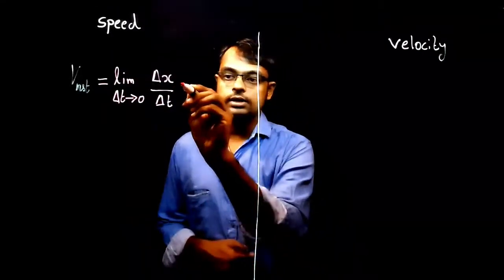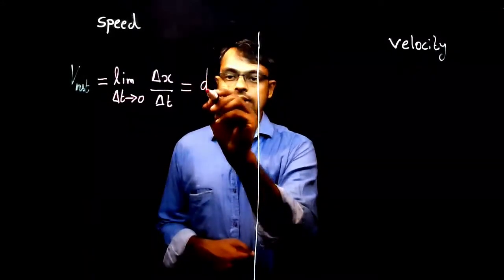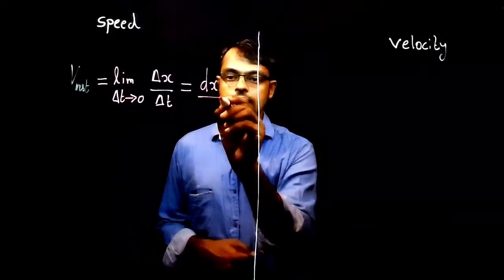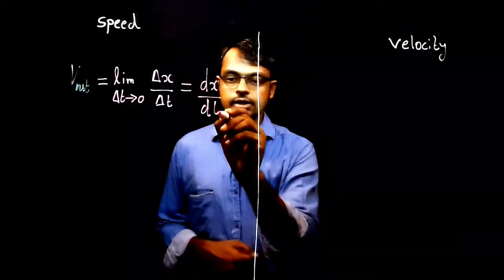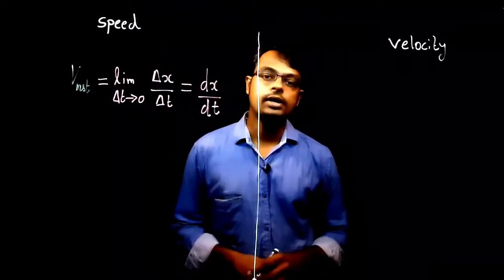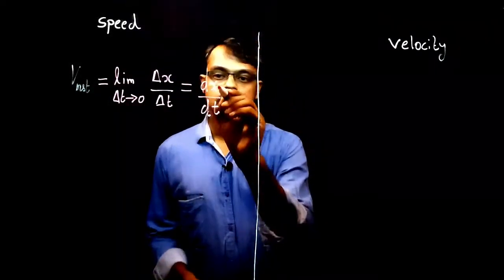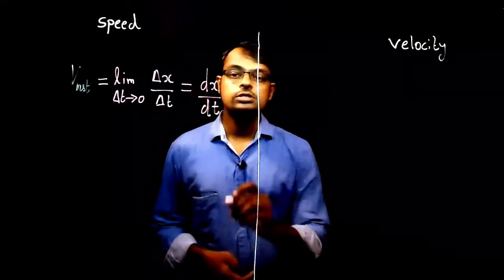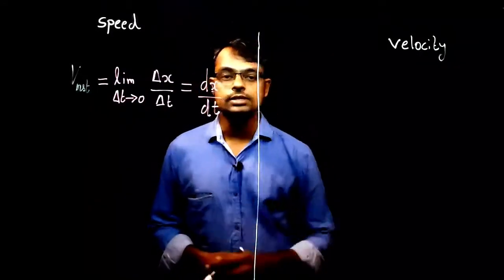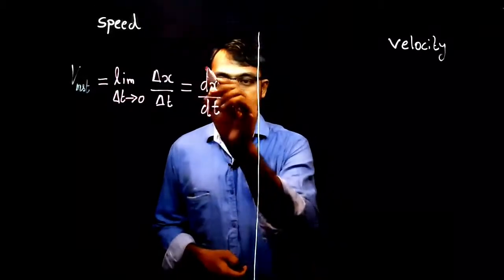So it can be written mathematically as dx divided by dt. That is called the first derivative of the distance. d by dt is one term here.